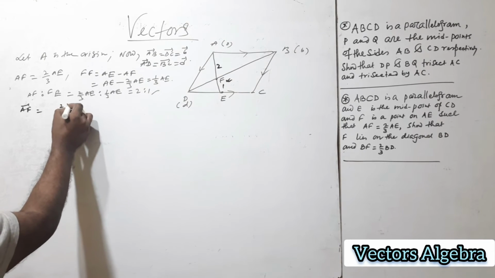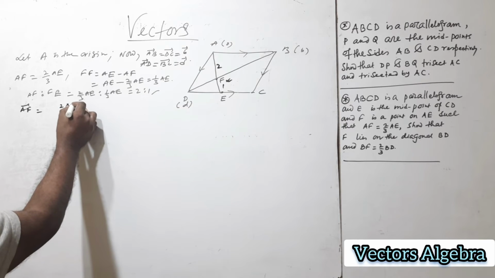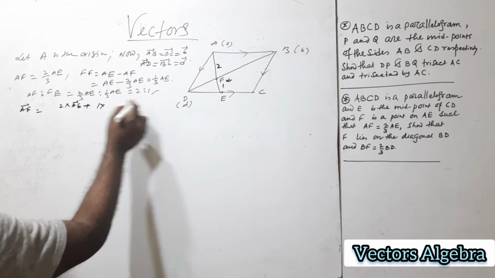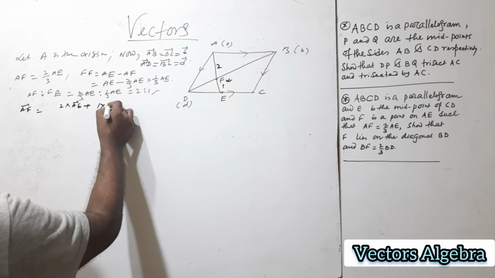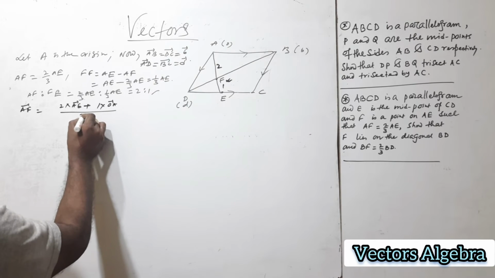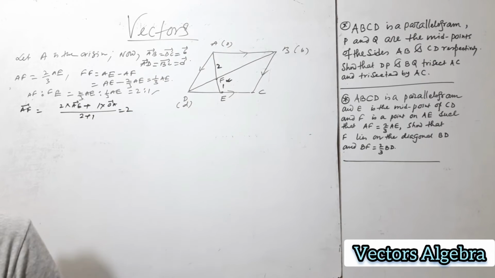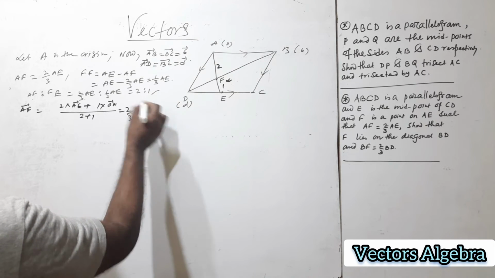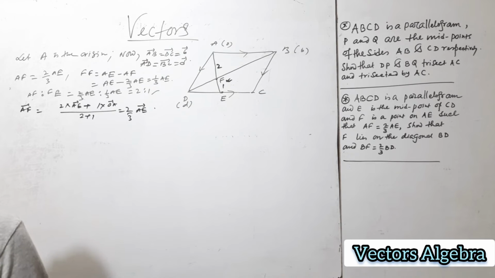So 2 times of AE plus 1 times of OA, OA means 0 vector actually, and that is 2 plus 1. So this is 2/3 of AE vector. Okay.